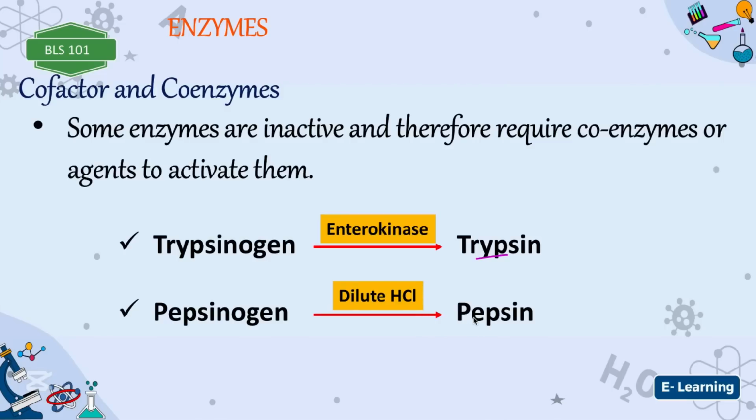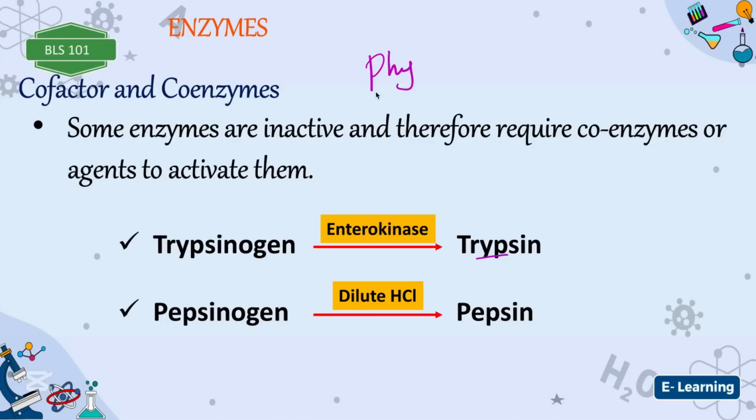When pepsinogen is released and reaches the stomach, the dilute HCl, the acidic nature of the stomach, acts on it, and it becomes pepsin. Other examples are the renin angiotensin system, where angiotensinogen, when it comes in contact with renin, becomes angiotensin 1, which is later converted to angiotensin 2.